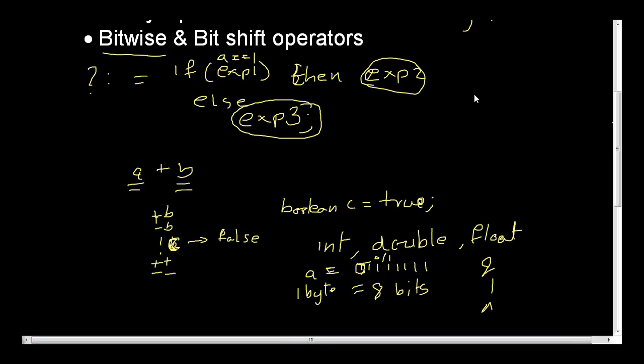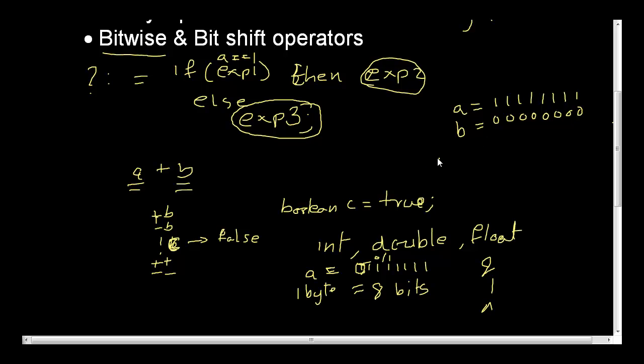For example, if we have byte A equals 1, 1, 1, 1, 1, 1, 1, 1, and B equals 0, 0, 0, 0, 0, 0, 0, 0. There you go.